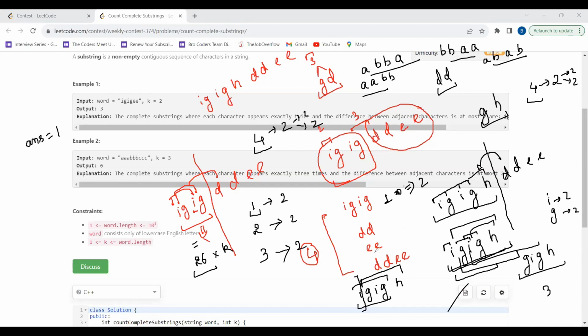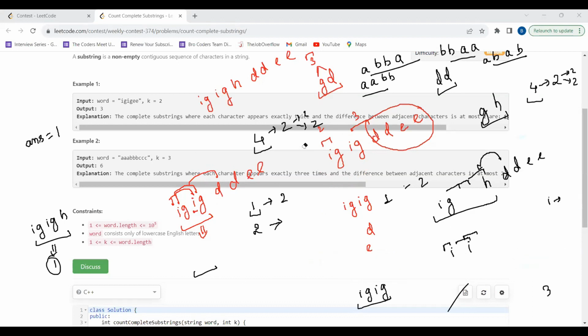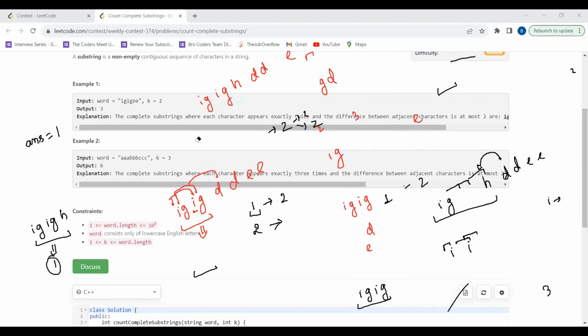So do we need to check? No, we don't need to check. So with this substring, we are getting exactly one complete substring. Is it clear? Yes. Now let's move to the other partition.